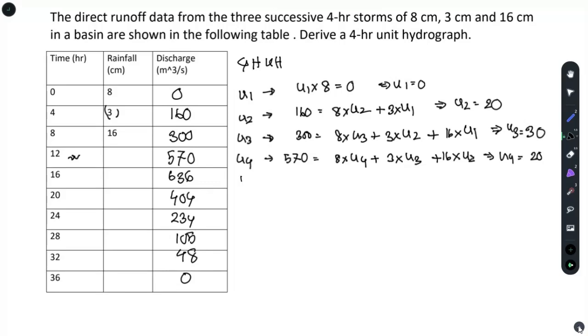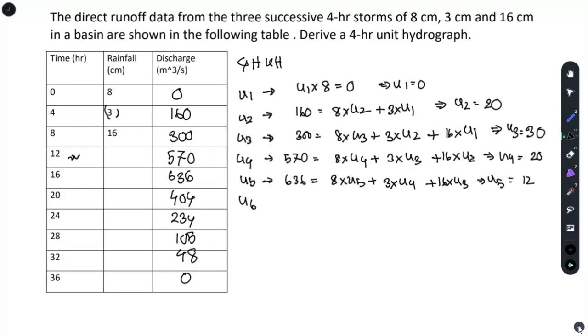To get U5, I have a discharge of 636. I'll multiply 8 with U5, 3 with U4, and 16 with U3. From that, I'll get a value of U5 equal to 12.